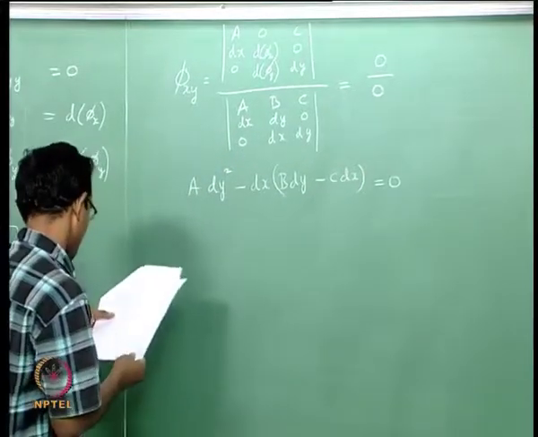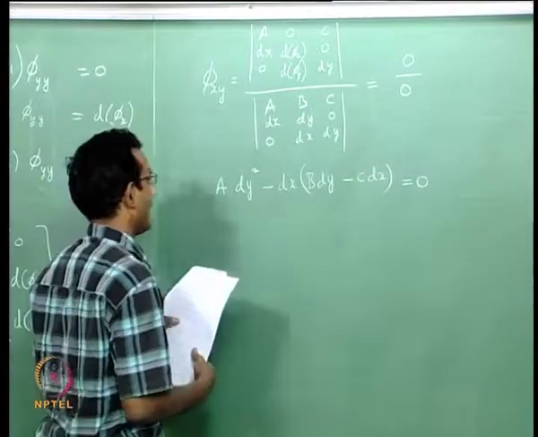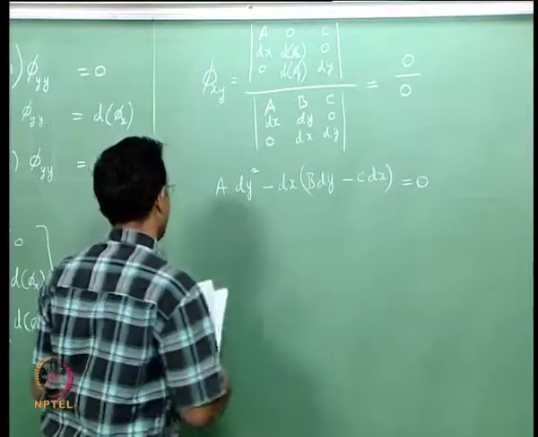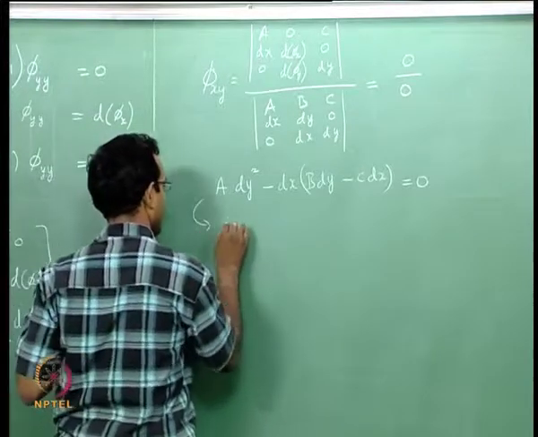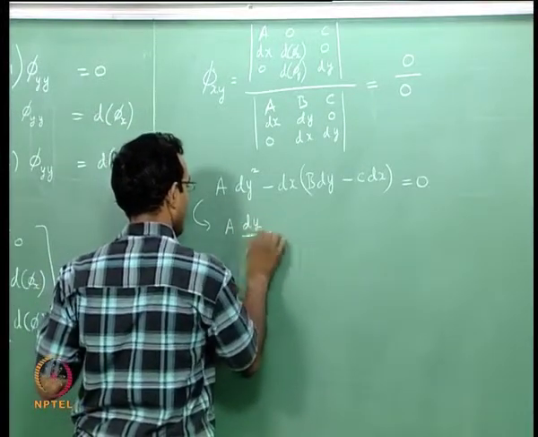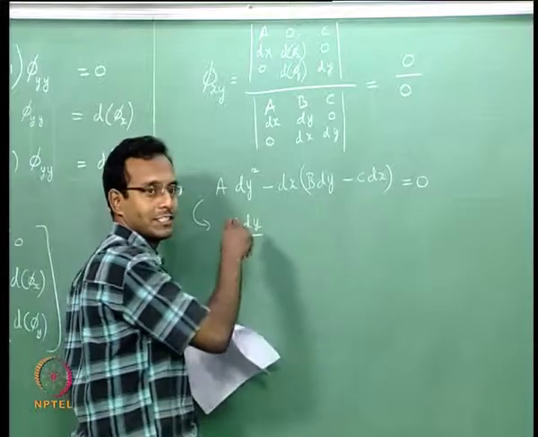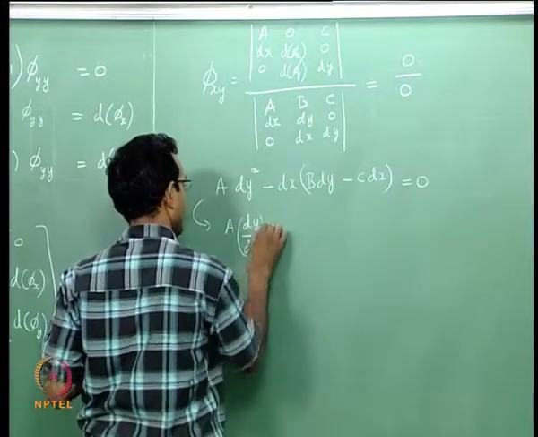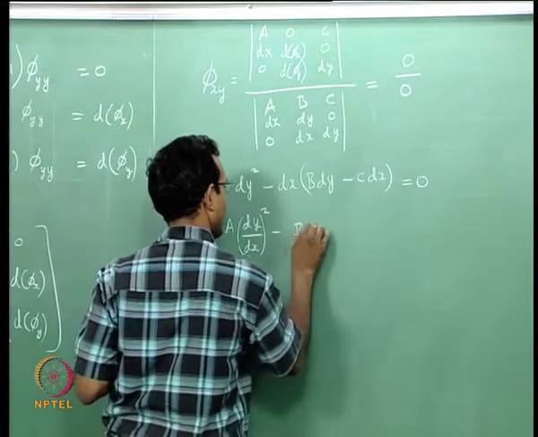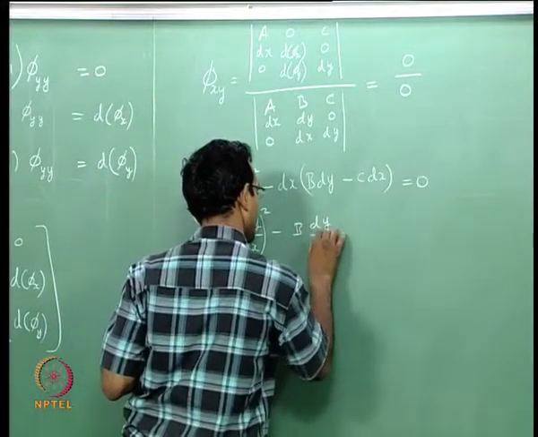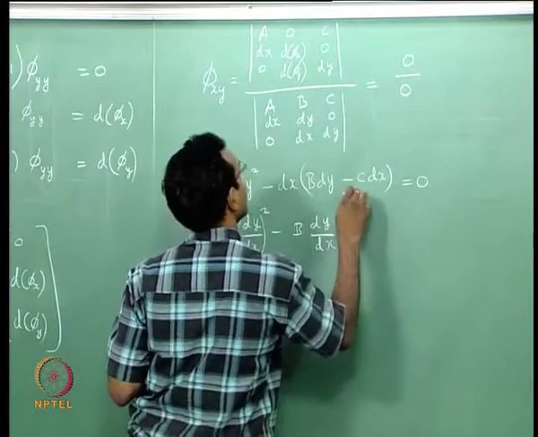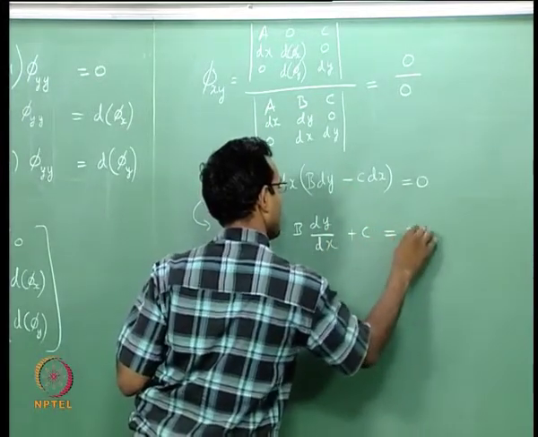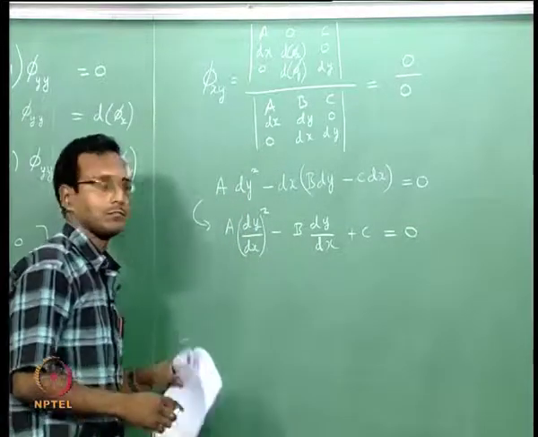So, I look for this. Now, again I will divide by dx and then make it a derivative. This can be rewritten by dividing by dx square and then taking the limit. I will get this expression.